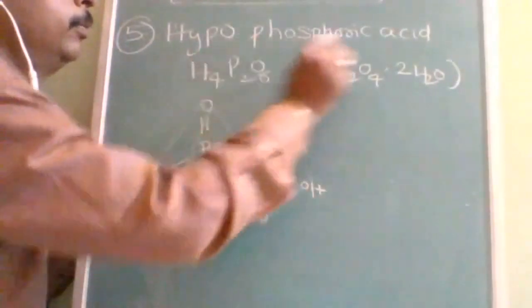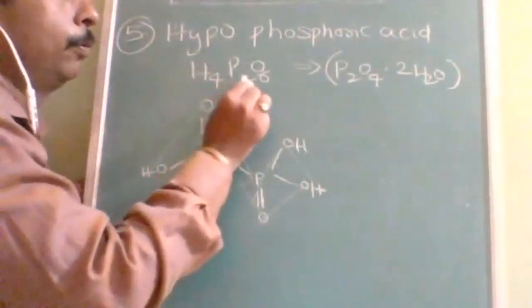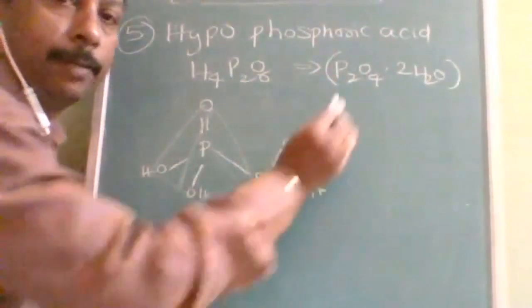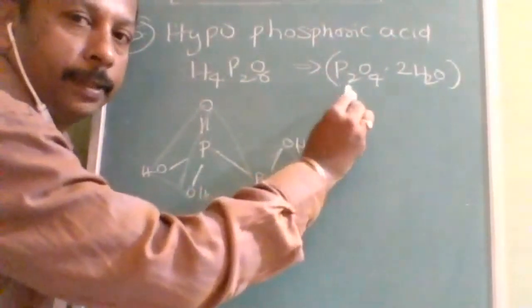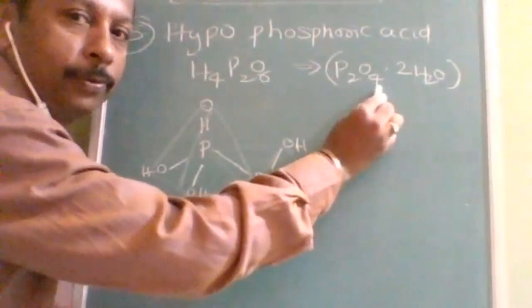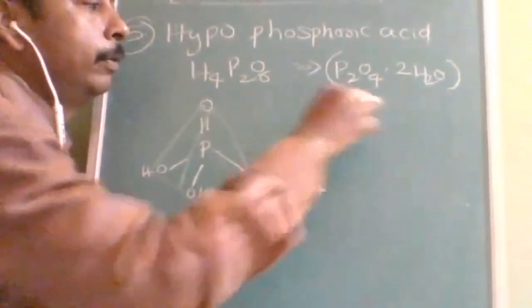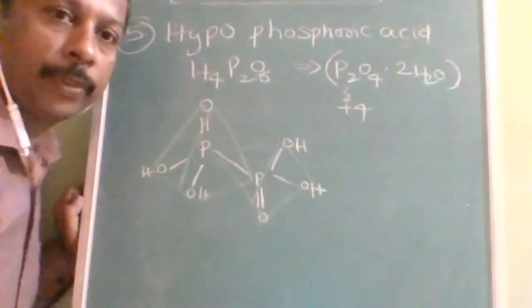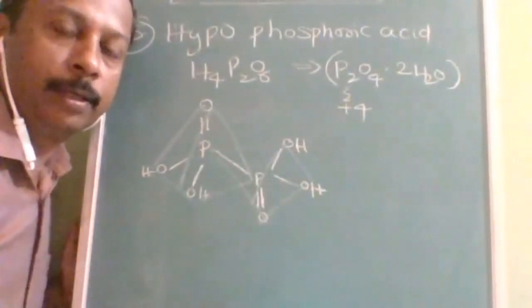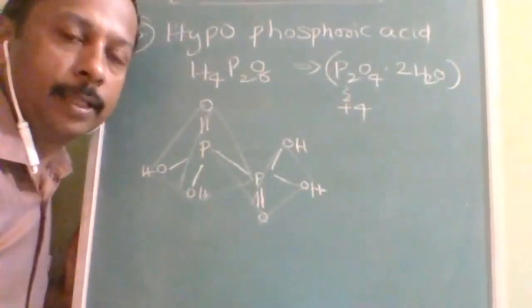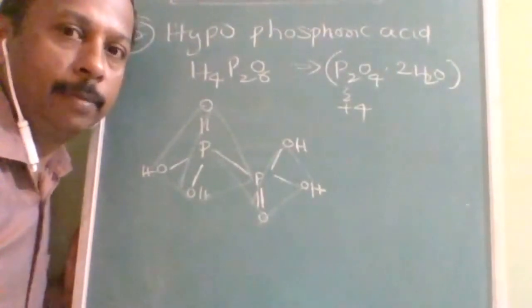Hypophosphoric acid is H4P2O6. This can be considered as the acidic anhydride of P2O4. The speciality of this is that here the oxidation number you will find is an even number. In the examination, the question may be in which oxo acid of phosphorus an even oxidation number, +4, will be shown.